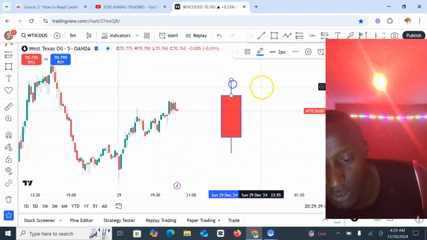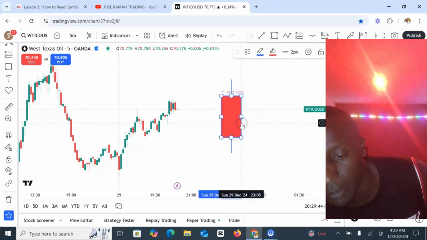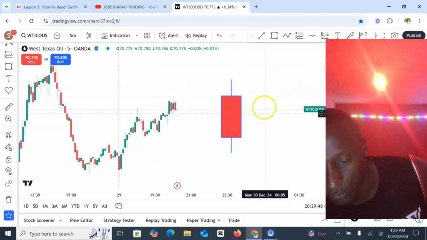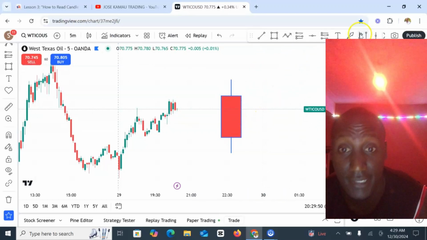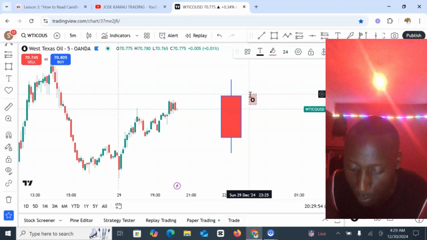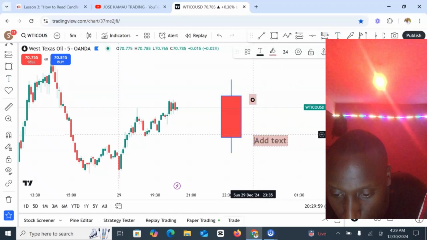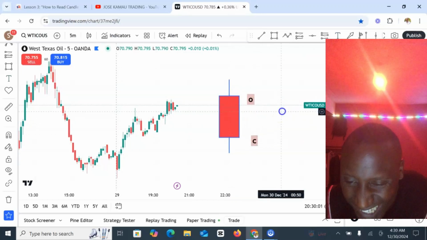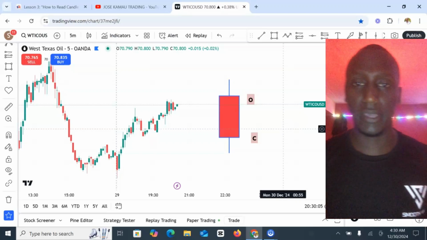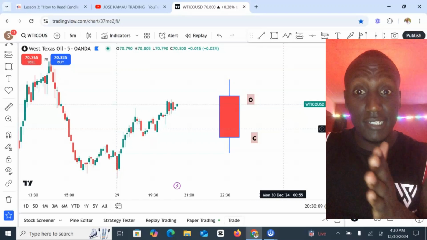Now, the difference between a candle going down and a candle going up is in the structure. So every candle has these 4 things. Number 1, we have the open, and then we have the close. So what is the significance of the open and the close? So the open is showing you when the candle started.